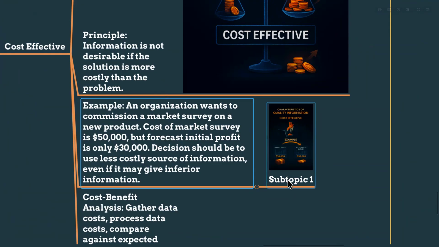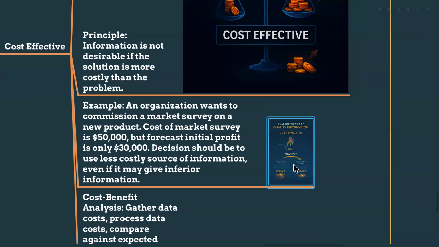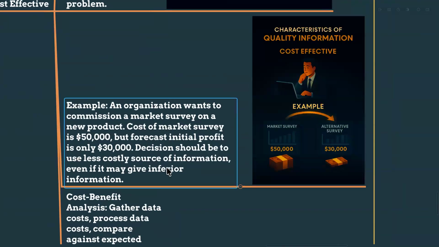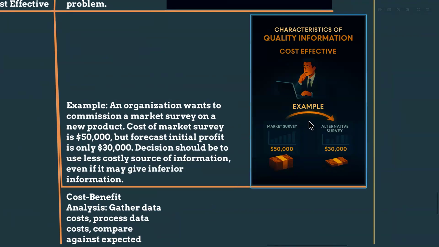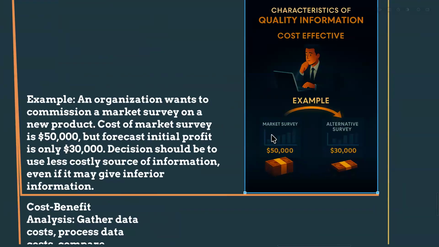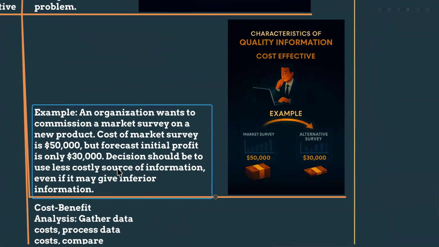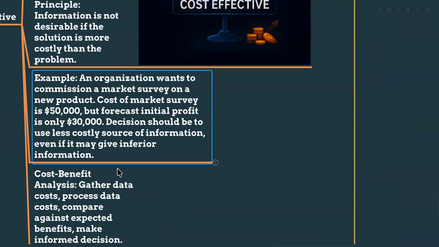Cost of the market survey is $50,000, but the forecast initial profit is only $30,000. So the decision should be to use a less costly source of information, even if it may give inferior information, right? So if you want to do the market survey, it will cost 50,000 for the marketing agency, but you can get less benefit from that, less than $10,000. So you don't need that information.